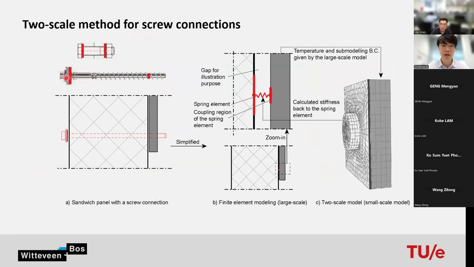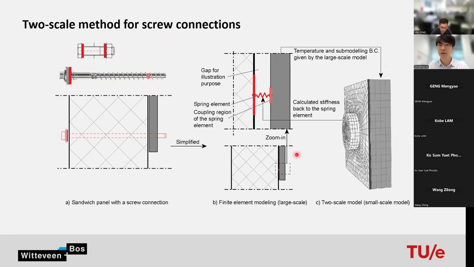For example, the screw head will contact with the sandwich panel. The contact area is this much, but the tip of the screw connection has a relatively smaller contact area. Therefore, I updated my two-scale method for the screw connections over here.